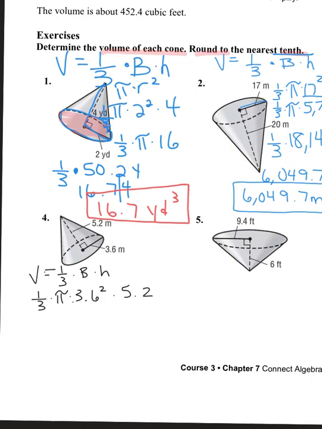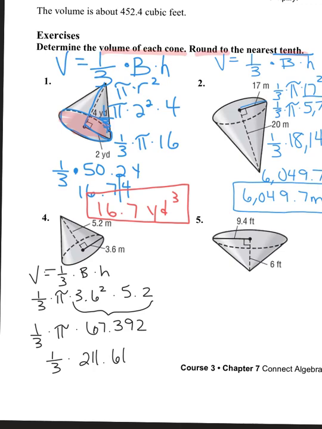and that gives me 67.392. So 1/3 times pi times that. Now I'm going to multiply that times 3.14. And I get a pretty big number. 1/3 times 211.61.